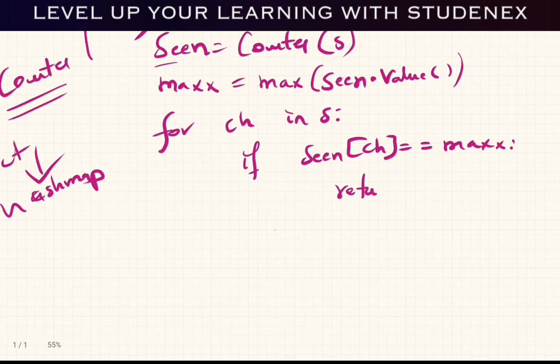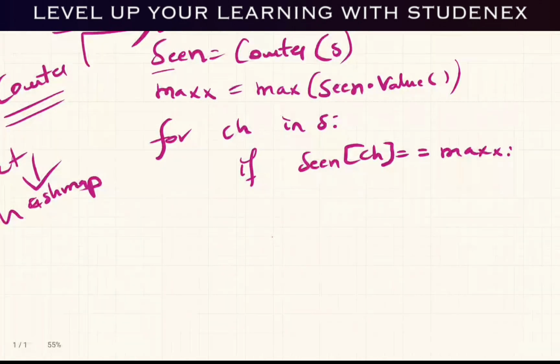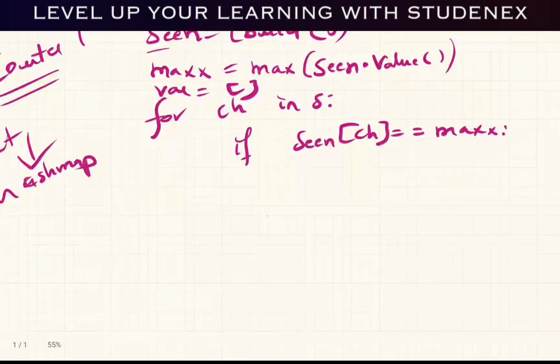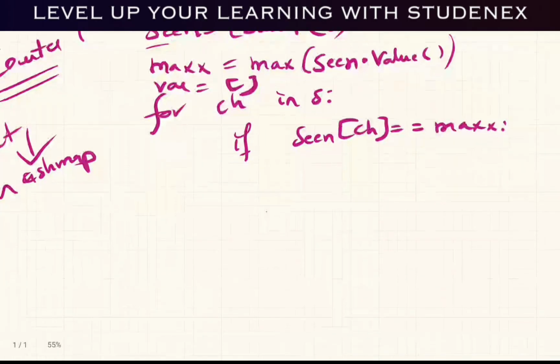I'll just store that particular character, because there can be multiple characters of the same frequency, right? So what I'm gonna do here is take a var array, and I'll just append that particular character.